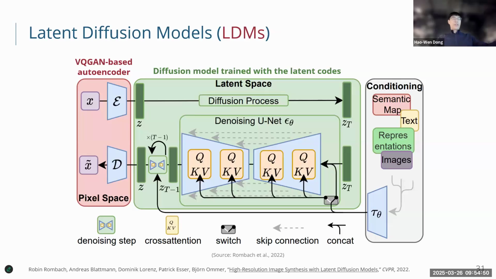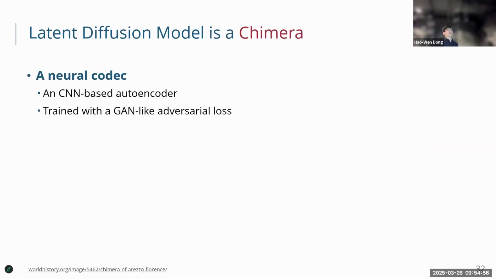So even though it seems quite technical and intense, this is just a summary slide. What a latent diffusion model actually is, is a chimera. There's a neural codec, and think about it like an MP3. So you have some codec that turns some audio into some other representation. That's what we call the latent space.